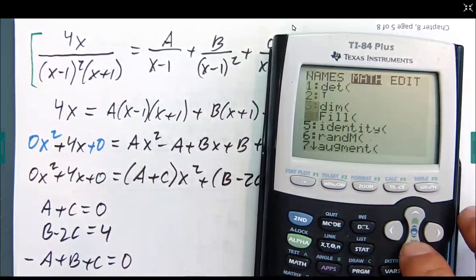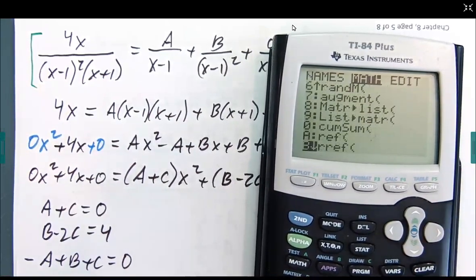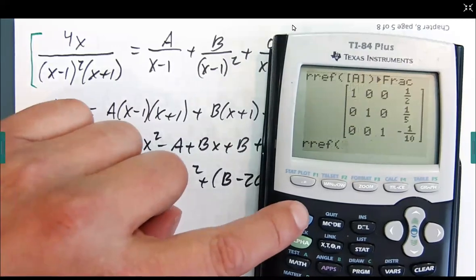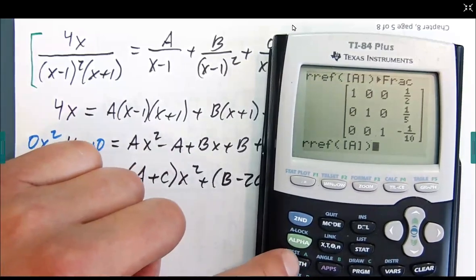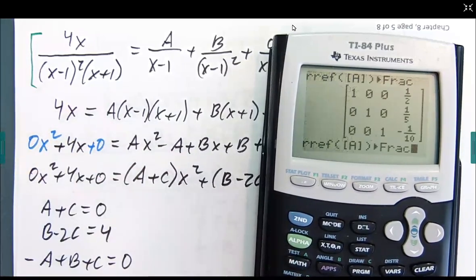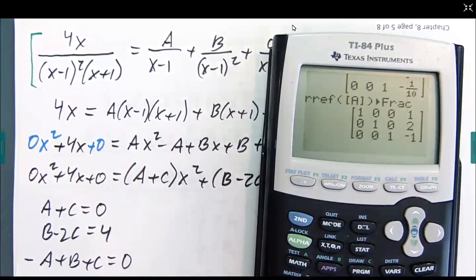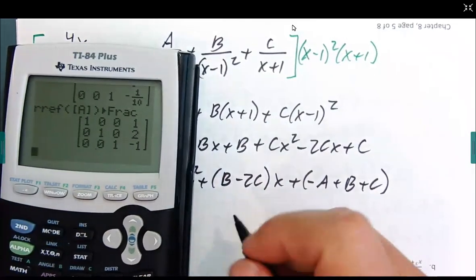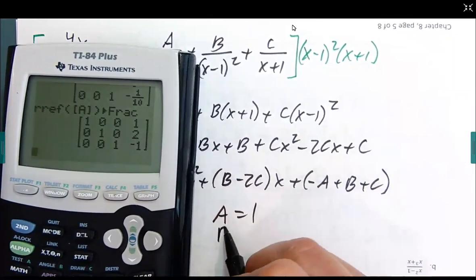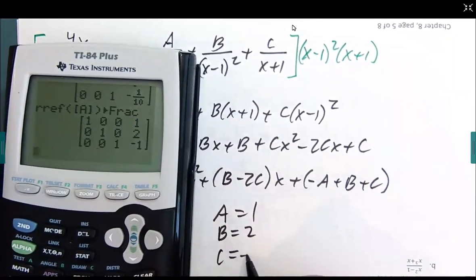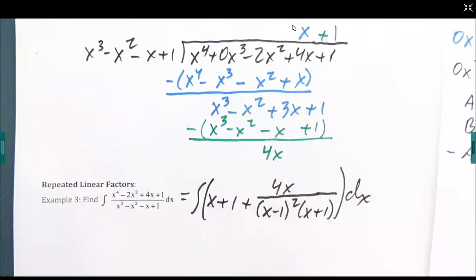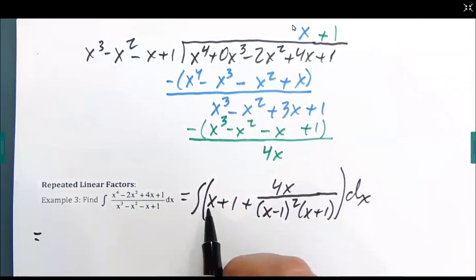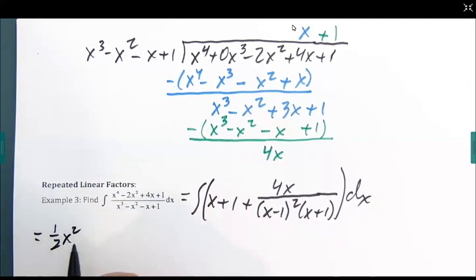Math, reduced row echelon. And that is matrix A. And convert to a fraction. Math, fraction, go. There it is. So A is 1, B is 2, C is negative 1. Which means I can now, and by the way, just to be consistent, this becomes 1/2 x squared plus x.